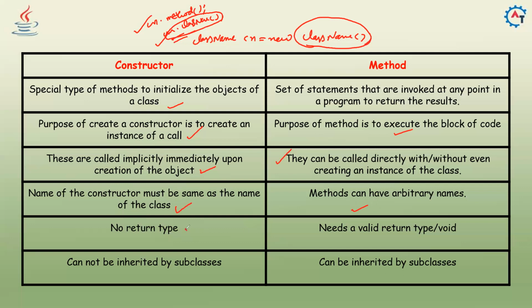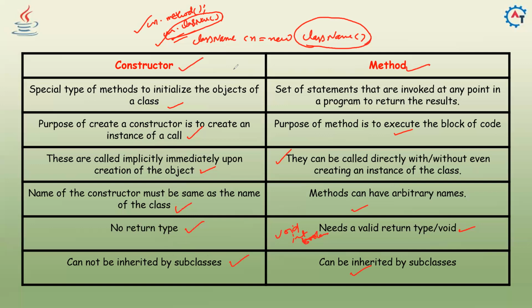A constructor doesn't have any return type, but a method needs a valid return type, at least void. You will have void, integer, boolean, all primitive and non-primitive types, anything, but a constructor will not have a return type. A constructor cannot be inherited by subclasses, while a method can be inherited by subclasses. Inheritance we will discuss in our upcoming classes.